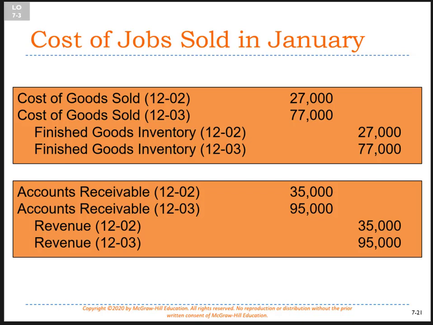We debit accounts receivable or cash, depending on how the arrangement is made, and credit revenue or sales for those 2 sales. Again, we could do it in 2 different entries if we want to keep track and make it real easy to trace, or we could do it together in 1 entry.